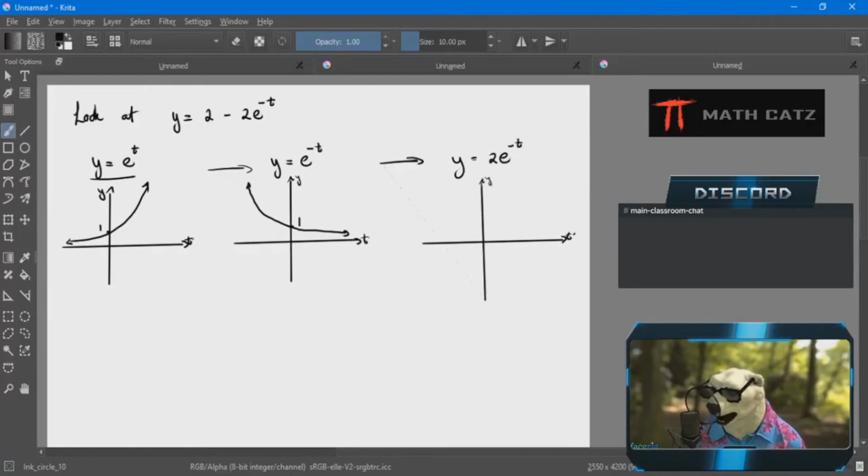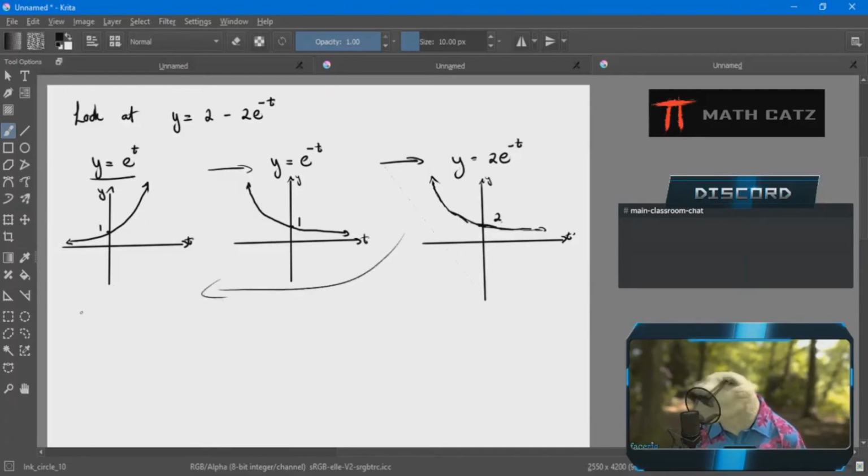I'm just stretching it out a little bit. I'm not going to emphasize the stretch too much. I'll indicate it in little pieces. My y-intercept is now at 2 because I've stretched it vertically.